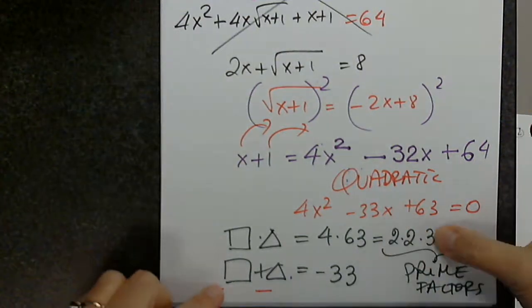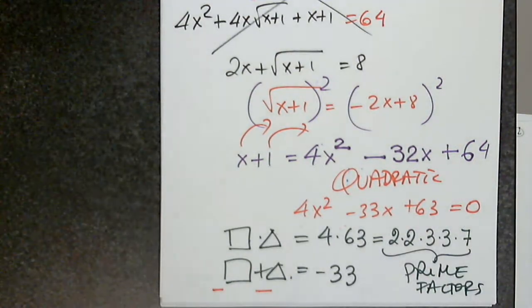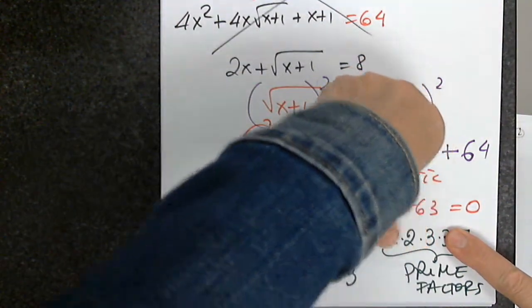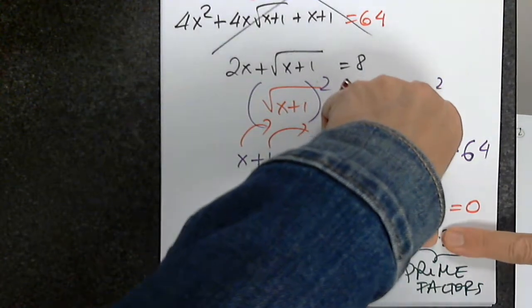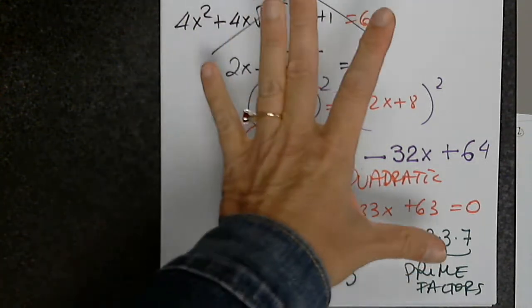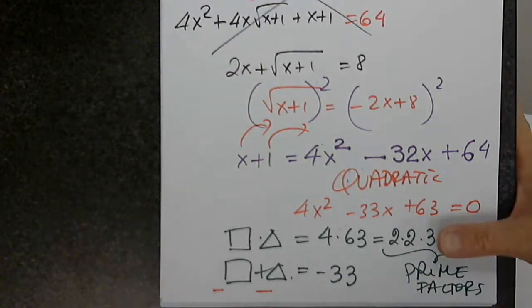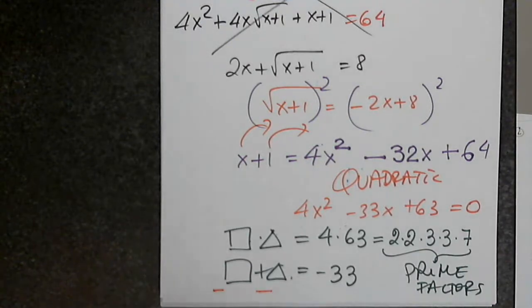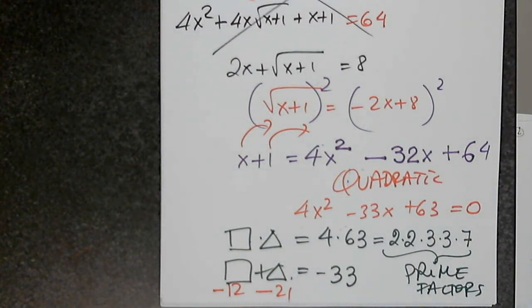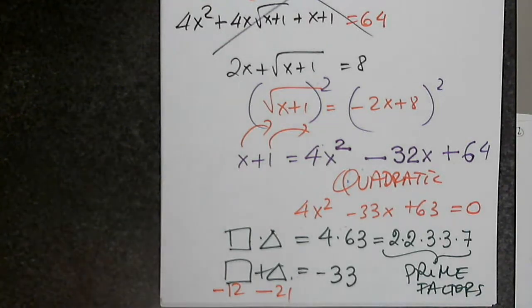But I have to use all factors. So here's one option: 12 and 21. And I got it. I'm done. Negative 12 and negative 21. Minus 12 minus 21 is negative 33.